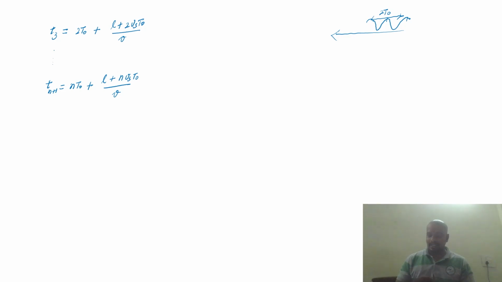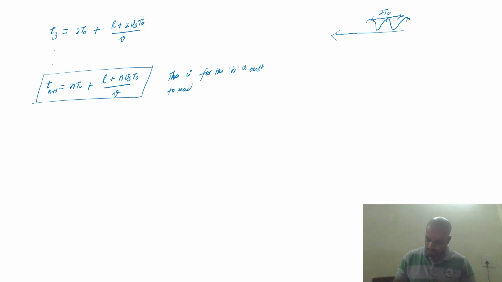So this is the time taken for the n plus 1 crest to reach the observer.